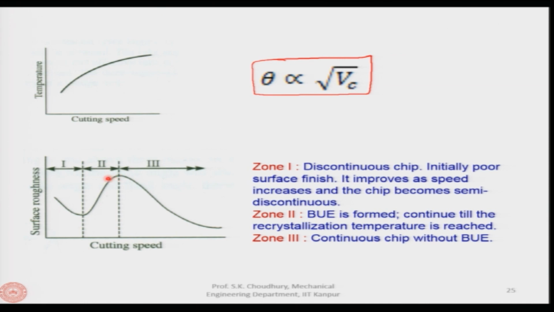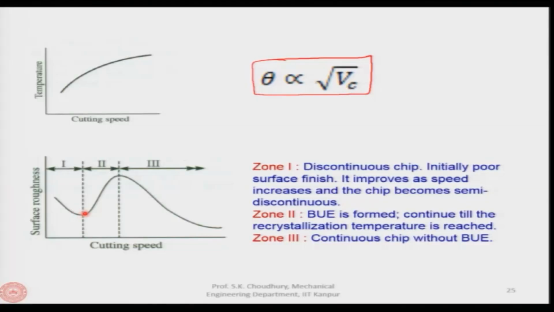All right, because of many reasons. Two basic reasons are, one is that particles are embedded on the already machined surface, and the rake angle is fluctuating, rake angle changes. All right, and of course, the entire geometry of the cutting tool is changed because of the formation of the built up edge.